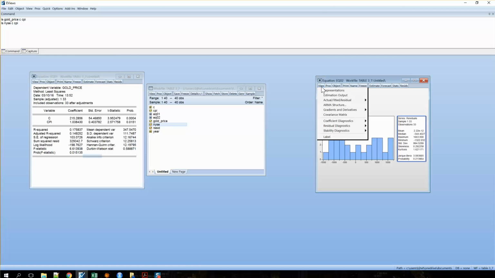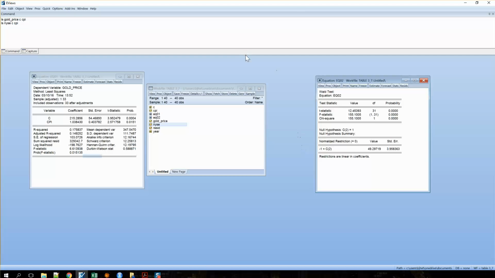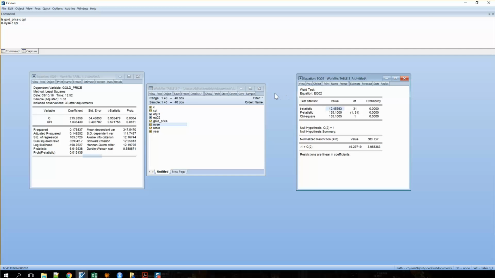So for our other equation, we do the same thing. C2 equals 1. And you can also do this algebraically. It's quite easy. You just use the standard error, and you have your estimated number, which is about 50 in this case, minus 1, which is your null hypothesis, divided by the standard error, and that'll give you this number, 12.4345.